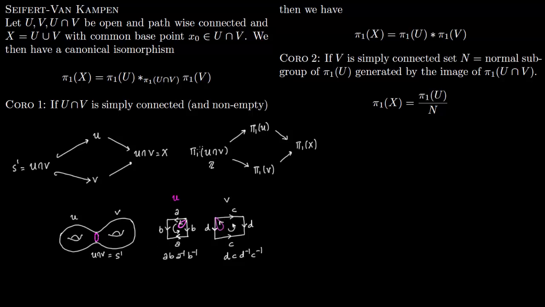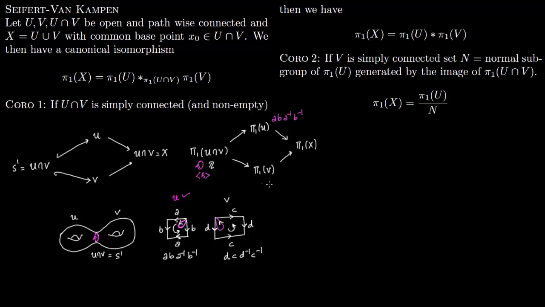So this U intersection V is this circle in purple. So say this circle is being traversed and we have this arrow here, in some direction. This is generated by R. So this R gets into U as AB, A inverse, B inverse.